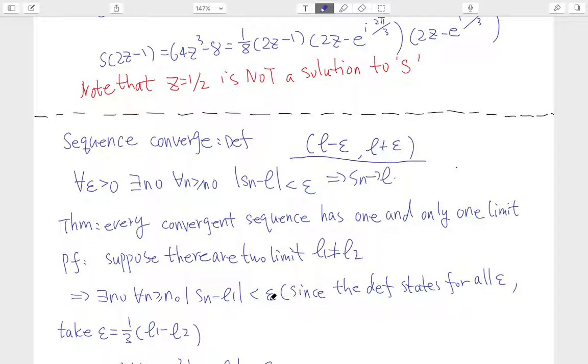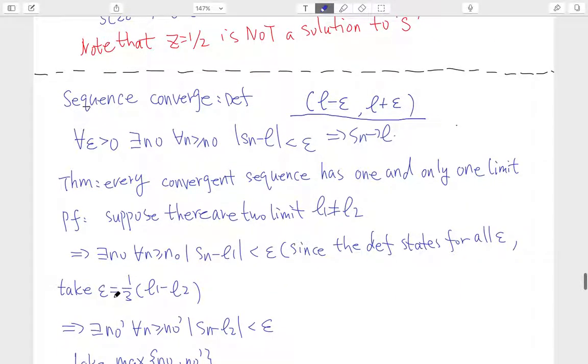We can choose this epsilon because it is a fixed and arbitrary value, and we take a value of epsilon that is helpful to us to complete this proof. In this case, I take epsilon to be 1/3 the distance between L1 and L2.